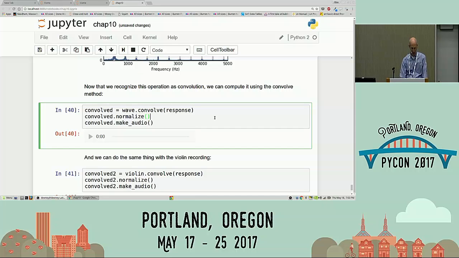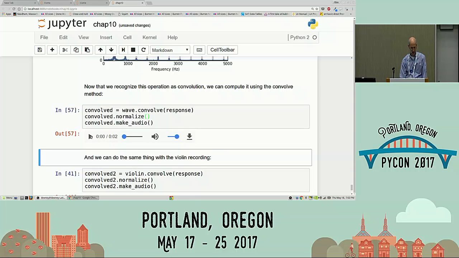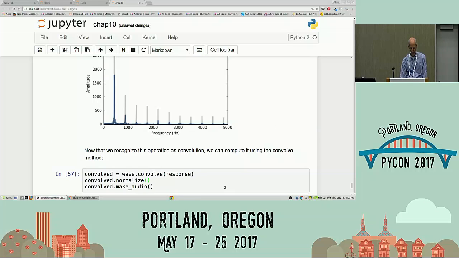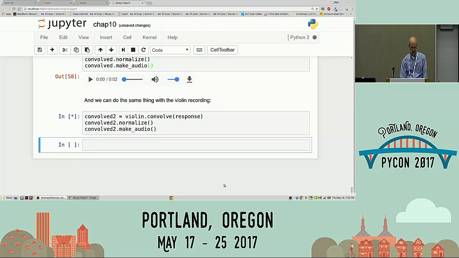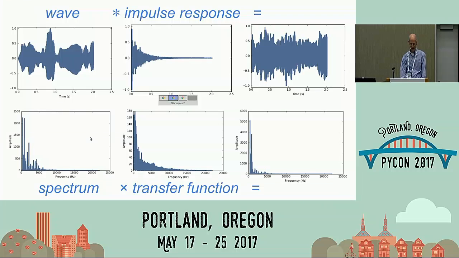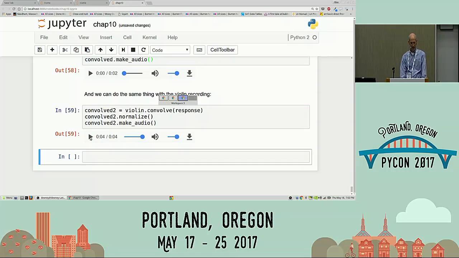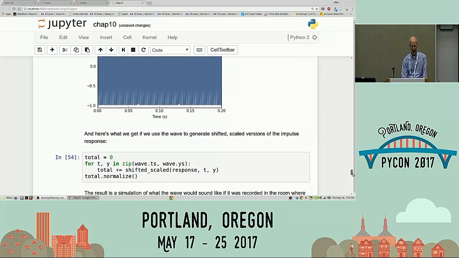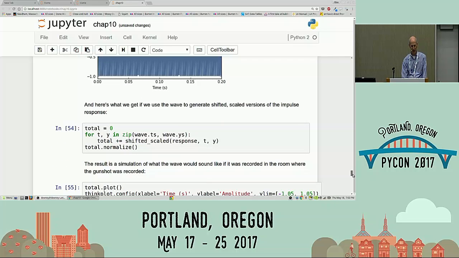But here's now the much more efficient way to compute the same thing. And because it's so much more efficient, we can do the entire recording. The first one, I was doing things inefficiently by actually adding up shifted and scaled versions of the input.